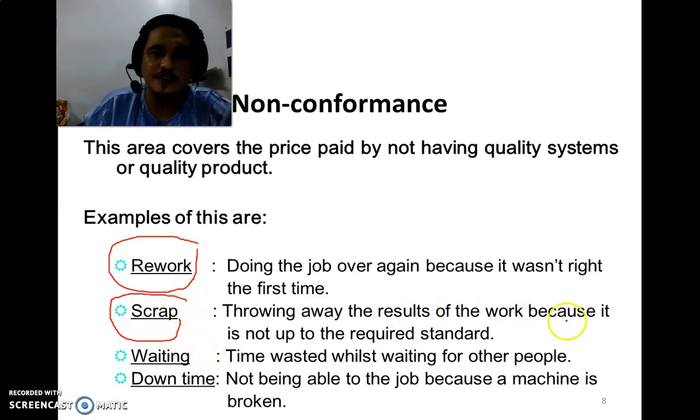We throw away the result of the work because it is not up to the required standard. Waiting, sometimes we need to wait for the shipment. And downtime, not being able to do the job because our machine is broken. This is waiting on the machine, waiting on the process. This is disturbing the chain of the production system.